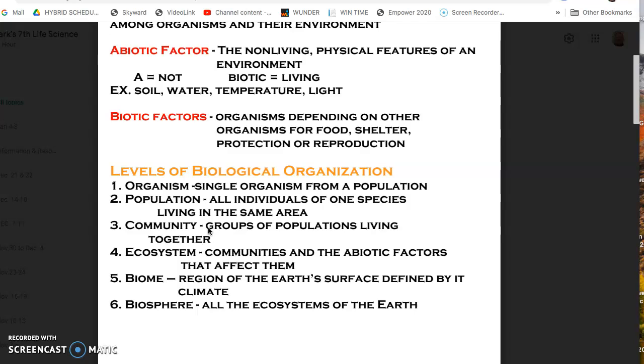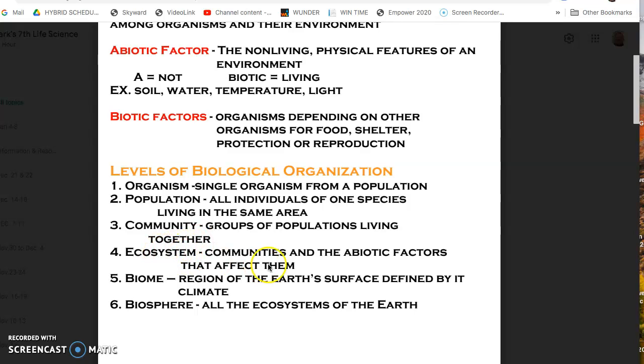We had the 6 levels of biological organization. First of all, we had an organism. That's a single member from a population. So if it's a pheasant, that's the one pheasant. The population is all the individuals, all the pheasants in the same area. The community is groups of populations living together, so that would be like pheasants and coyotes and bobcats and insects and things, all those living things.